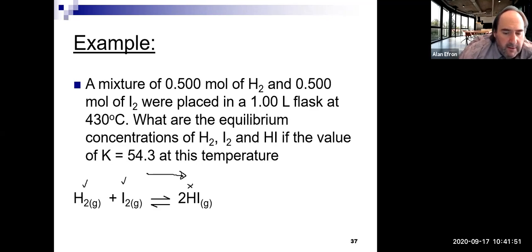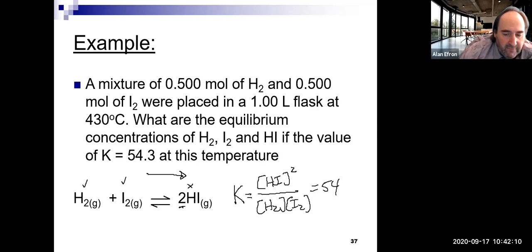If we do our equilibrium expression, our Kc will be the HI concentration, and we need to square it because of the coefficient, divided by our H2 and our I2. In this particular case, it equals 54.3, which was given to us.